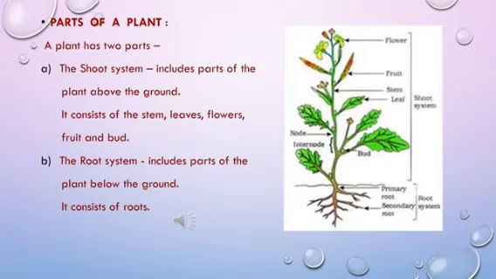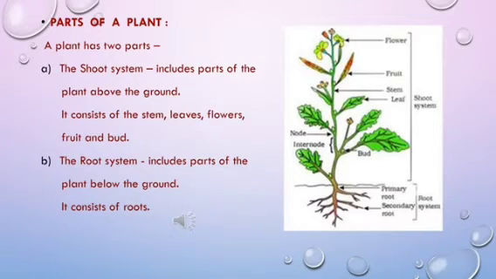Let us study the different parts of a plant. A plant is divided into two main parts, the shoot system and the root system. The shoot system includes the parts of the plant above the ground such as leaves, stem, flowers, fruits and buds.